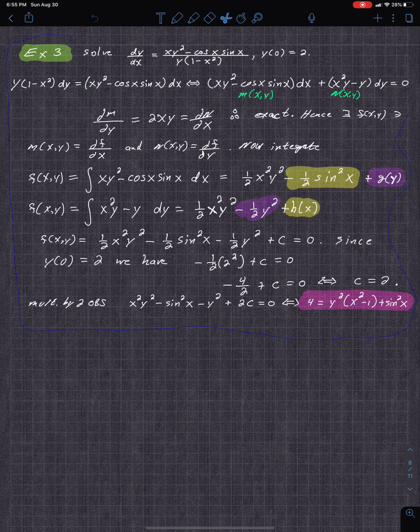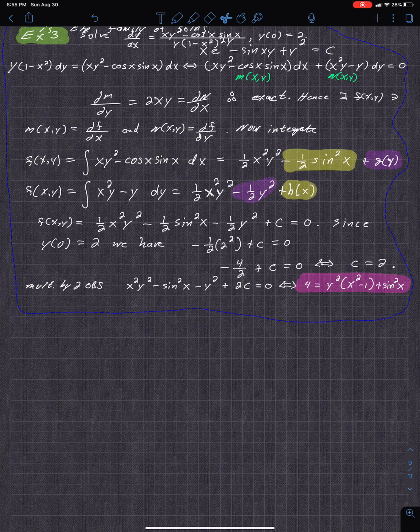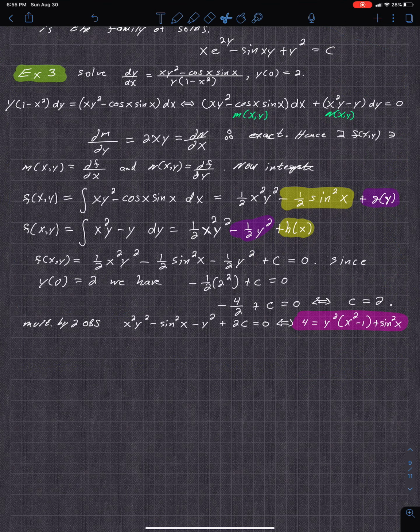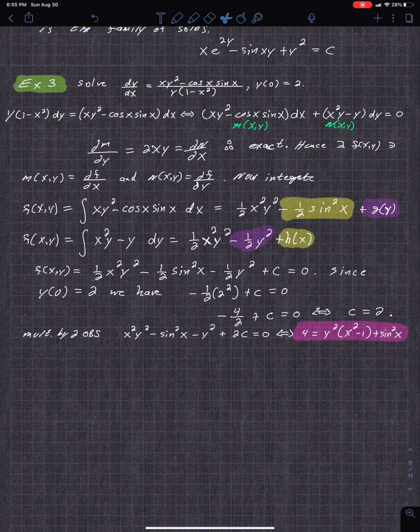There's one more thing in that section. They do one example in there about, what do they call it? Substituting mu on both sides to make the form exact, an integrating factor concept.